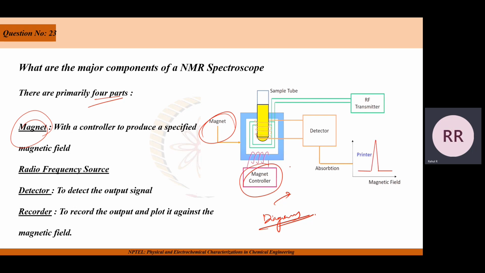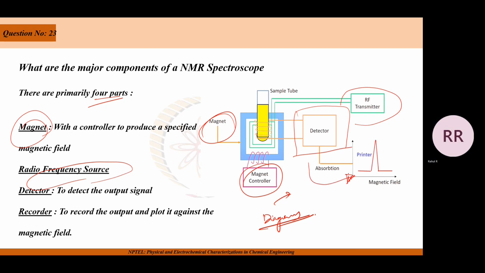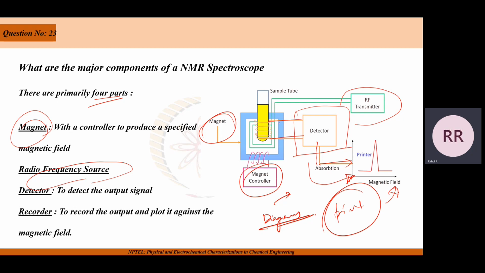There is an RF transmitter, a radio frequency source, associated with this. And there's a detector, and from the detector, there is a recorder. The detector will detect the output signal that we get from the sample, and then pass this information to the recorder, which would print the result.